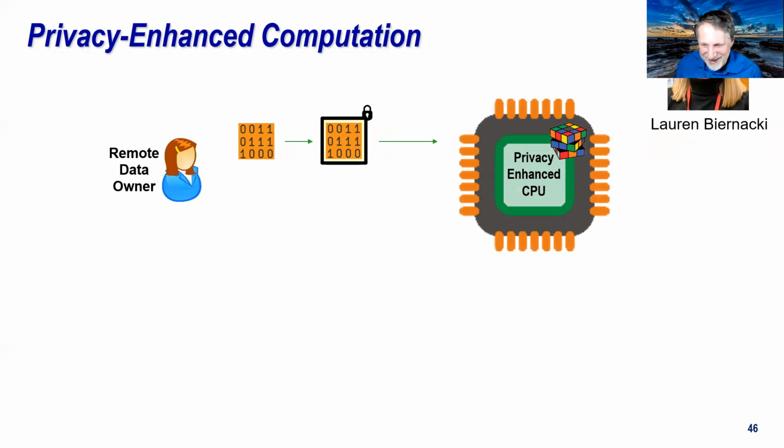But not trusting the software is a beautiful thing, because it means all those attacks that security researchers and security engineers at companies pull their hair out about, they don't have to worry about, because the software doesn't have access to that data. This privacy enhanced CPU can compute directly on that data without any key known to software, and it produces encrypted results.